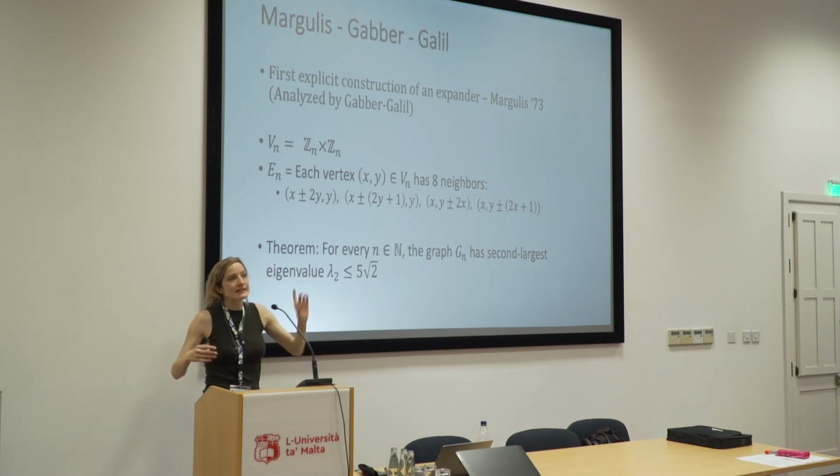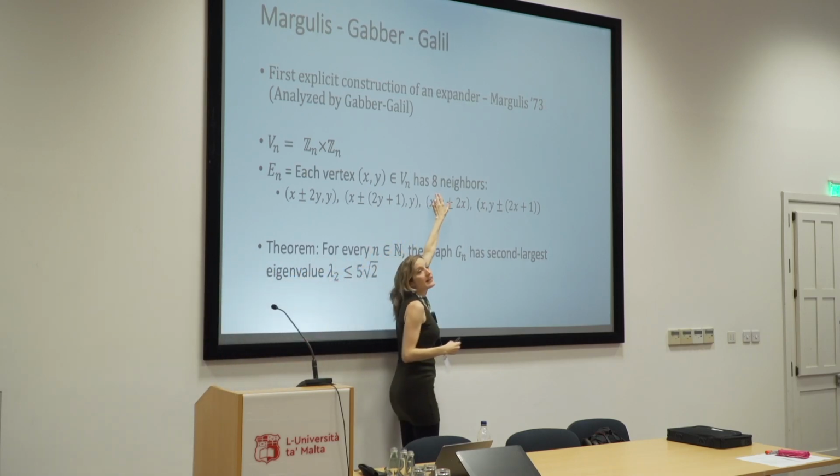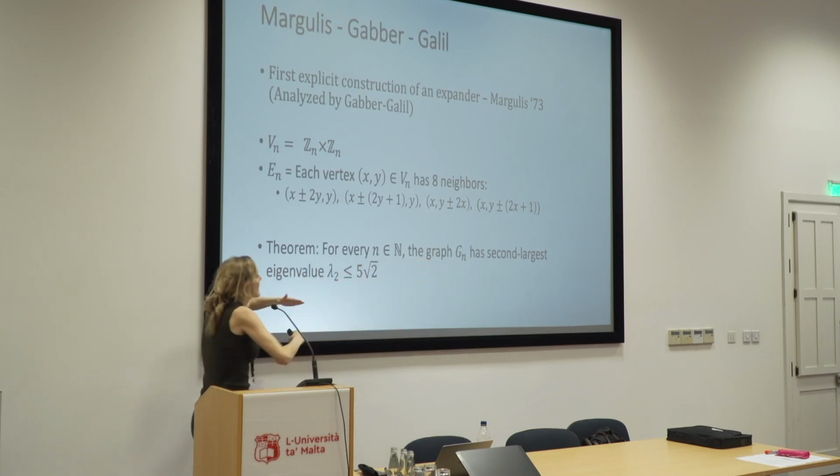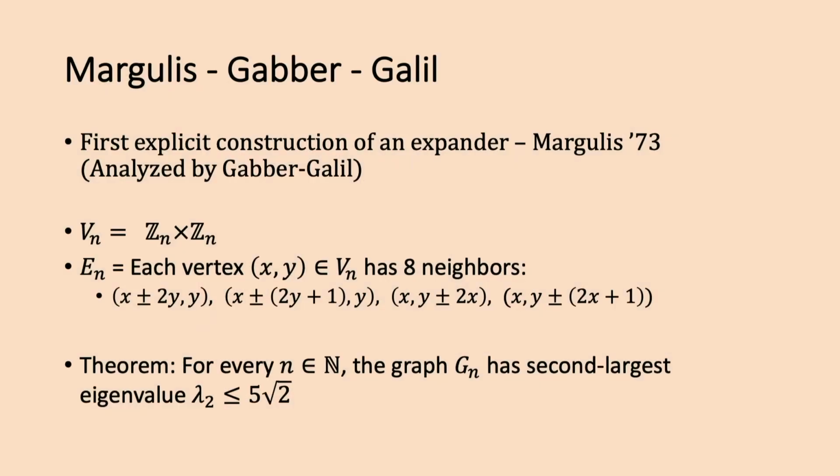What is the highest eigenvalue here? Remember, it's the degree, which is 8. The second highest eigenvalue, you can prove, is bounded above by 5 square root 2, which is also kind of a big number, but there's a constant gap at least between 8 and this number.